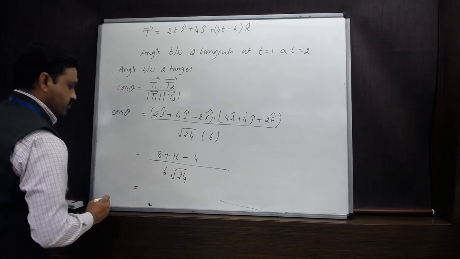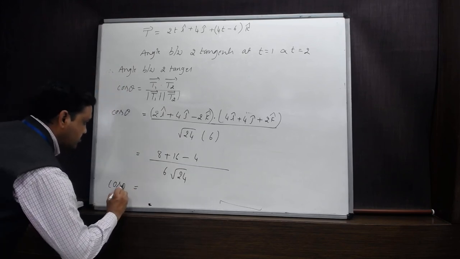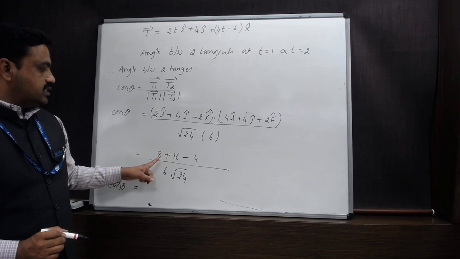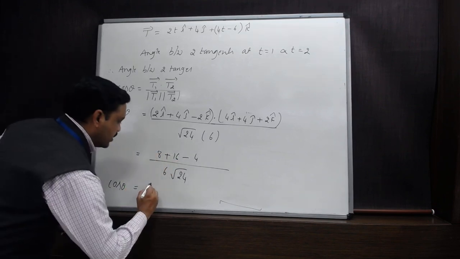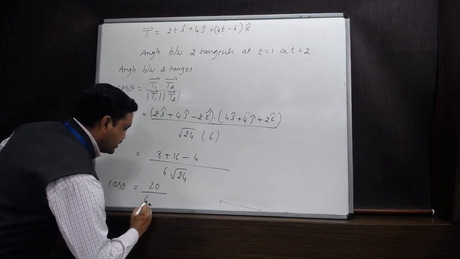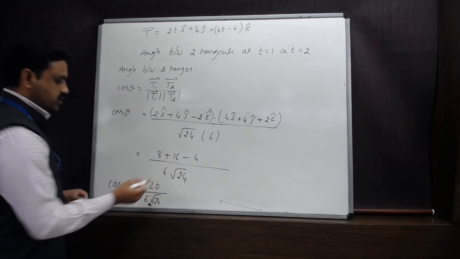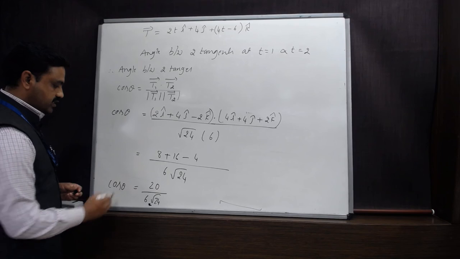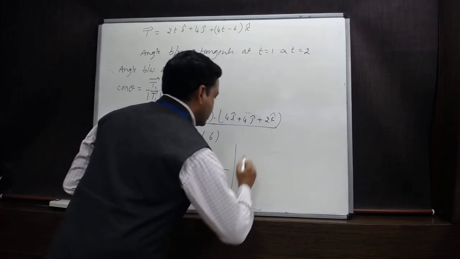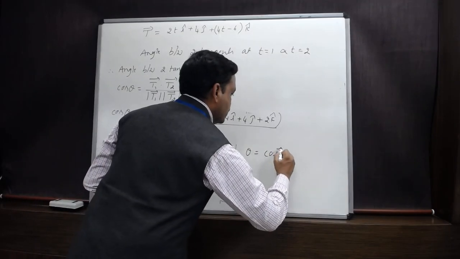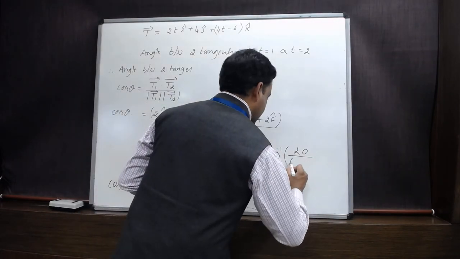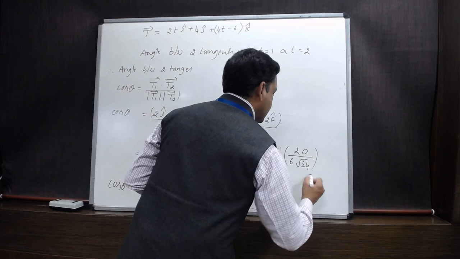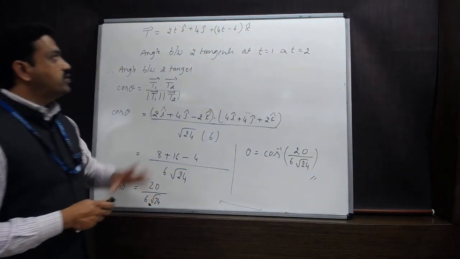So cos theta equals 16 minus 4, 12, 12 plus 8, 20, 20 divided by 6 into root 24. Still we can simplify, we can cancel 20 and 6. Finally, theta equals cos inverse of this answer, 20 divided by 6 into root 24, is the angle between two tangents.